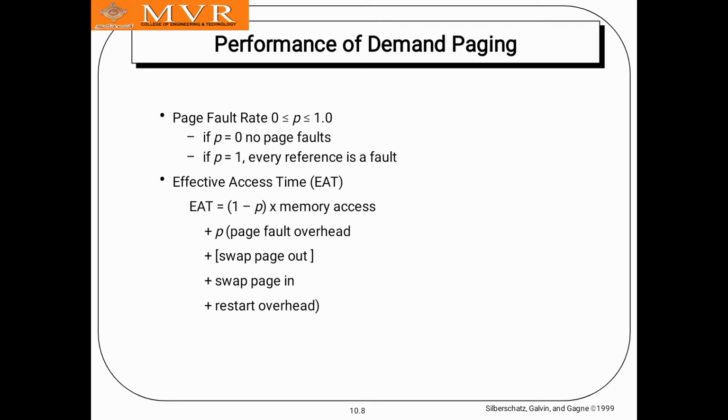So here I said previously, performance of demand paging. In this performance we always calculate the formula, which is EAT, effective access time. EAT equals (1 minus P) into memory access time plus P into (page fault time plus swap in, swap out and restart overhead).